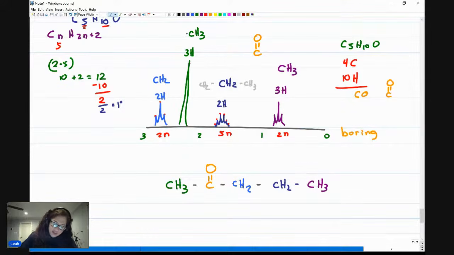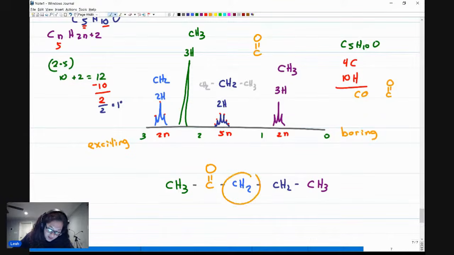But if I go to the light blue CH2, this one is the most exciting group on the molecule. It's the most shifted. It's got the most chemical shift. It's leftmost. And the reason for that is look what it has. This CH2 is bound to a carbonyl and bound to a CH2. And the most exciting thing on this molecule is the carbonyl.